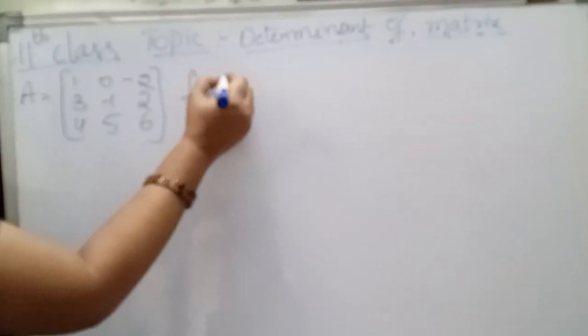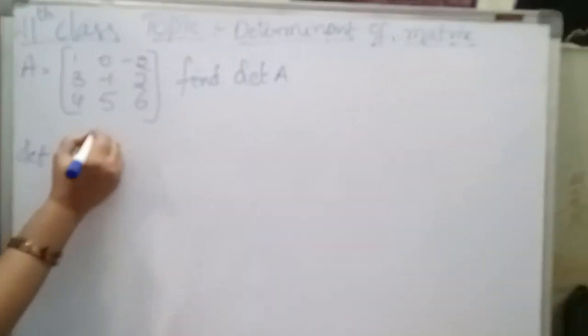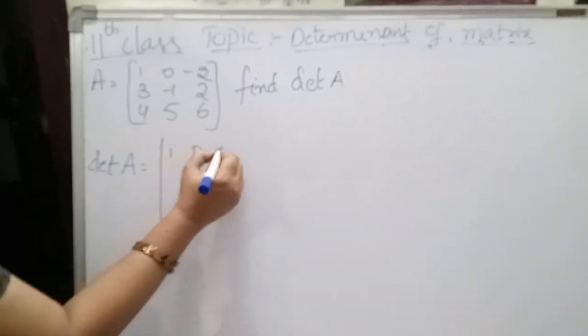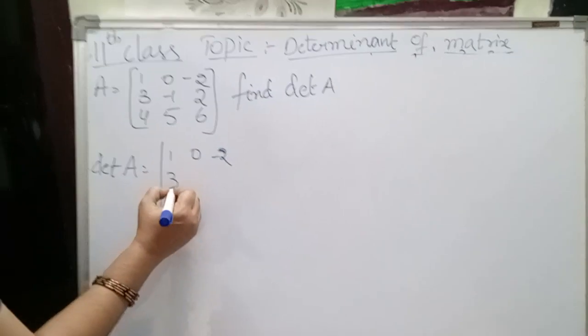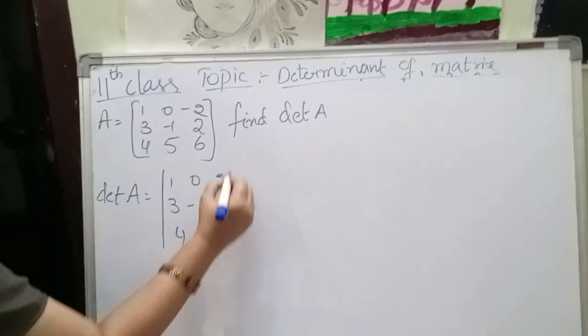This is the matrix. Now to find the determinant of A, that is 1, 0, minus 2, 3, minus 1, 2, 4, 5, 6.